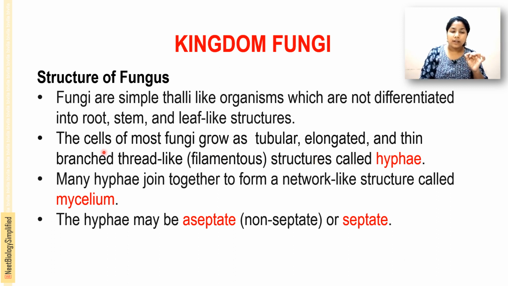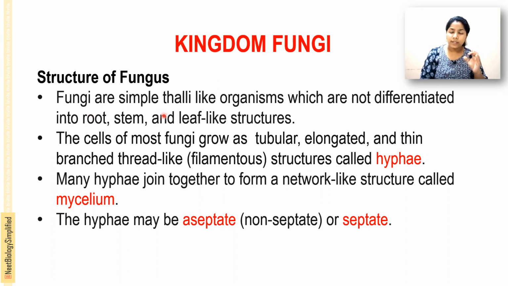Many hyphae join together to form a network, and the network of hyphae is called a mycelium. The hyphae may be septate or aseptate. Aseptate means they don't have a septum, or crosswall or separations. Septate means they have crosswalls, or compartmentalization can be seen in the hyphae.